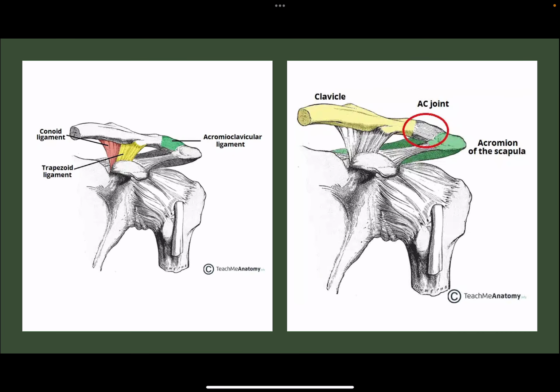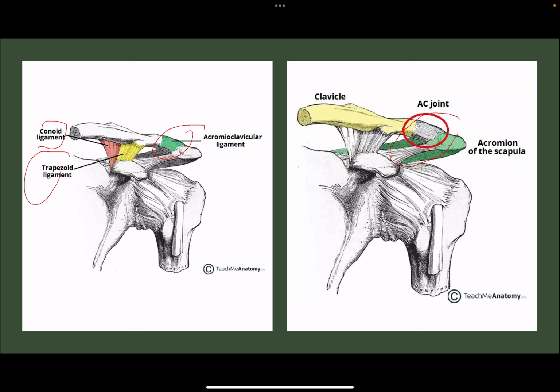The AC joint is stabilized by two main systems. First, the AC joint ligaments, shown here from anterior and posterior views, and the coracoclavicular ligaments, conoid and trapezoid.